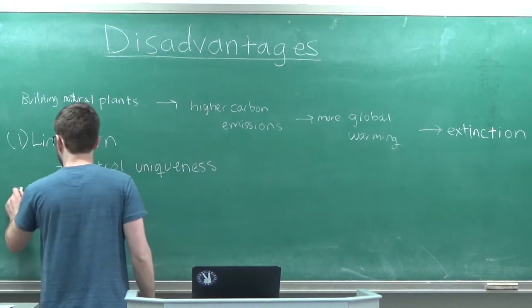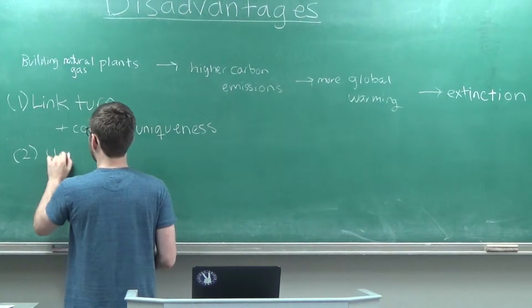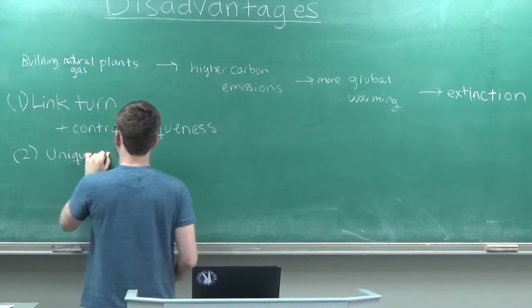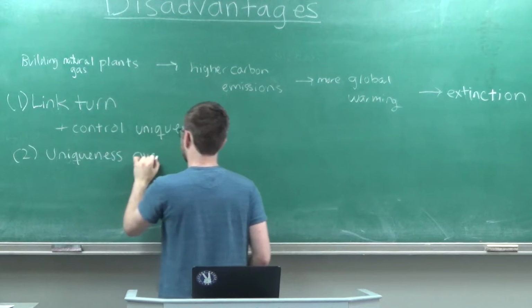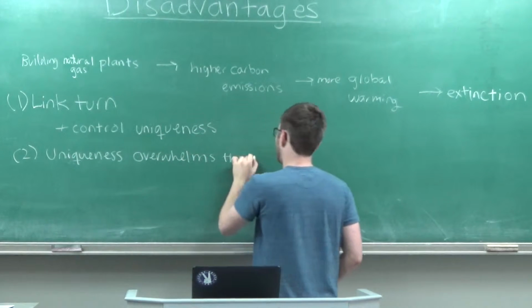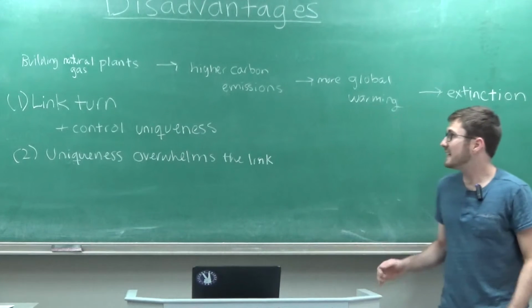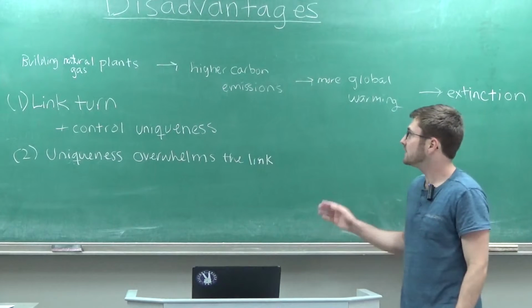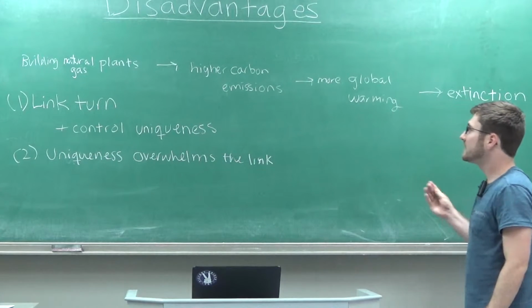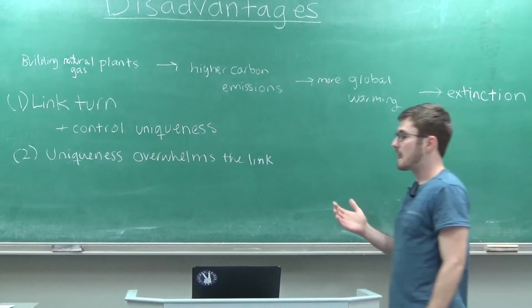A second strategy, a defensive one, is making another claim about uniqueness called uniqueness overwhelms the link. So in this strategy, you would be conceding that building natural gas plants leads to higher carbon emissions, but you could say that carbon emissions are already so high that it doesn't really matter.